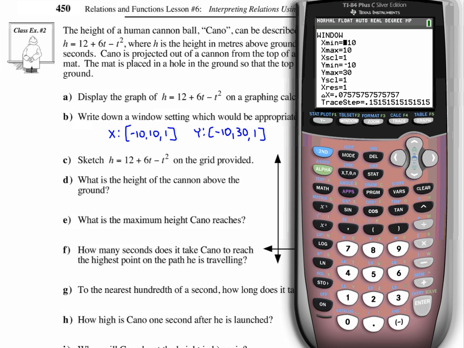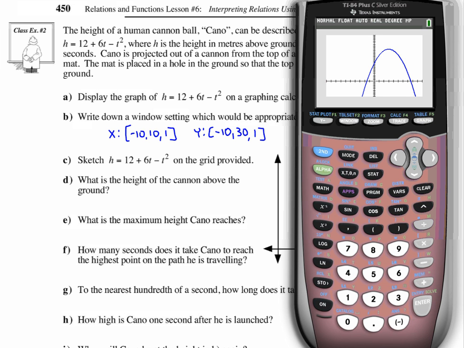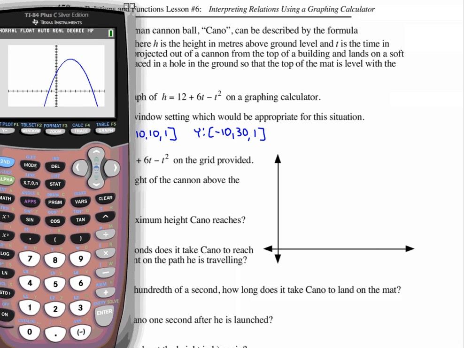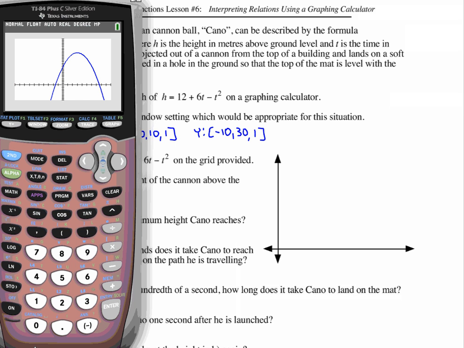Okay, so let's think about the context of this question. Can we have a negative height or negative time? No. So our graph really only exists from the y-intercept, and then it goes up all the way to the x-intercept. Something like that. It's not the greatest sketch, but it'll do.